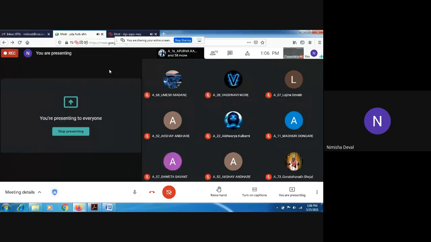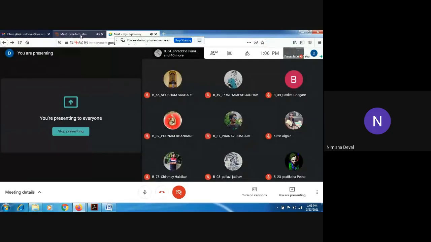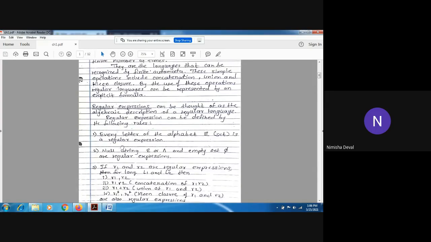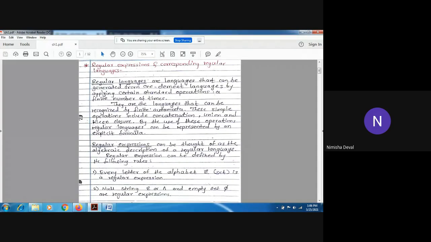First, I will revise those things which we have covered in the previous lecture. In the previous lecture, we have seen what is meant by regular language and what is meant by regular expression. We saw the bookish definition of regular language, and after that the day-to-day life examples.